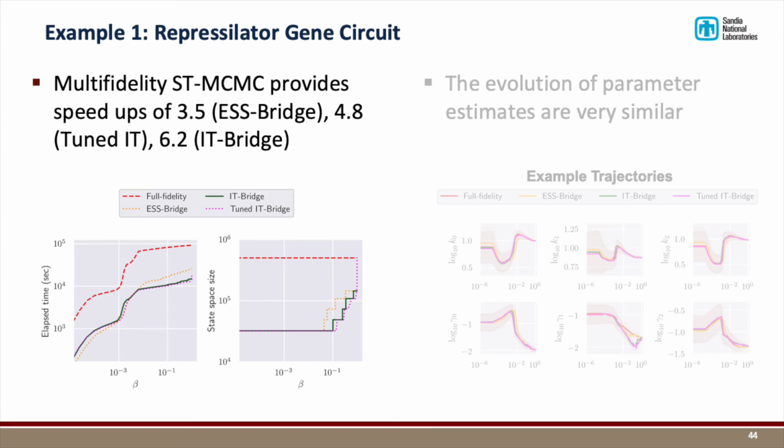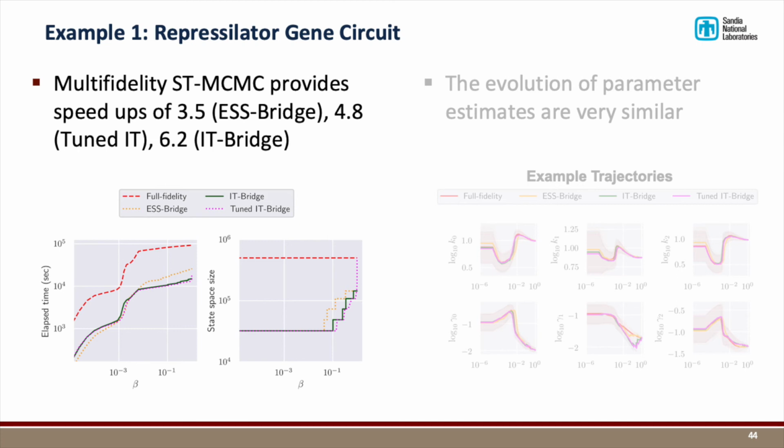From this plot, we can see that when the annealing factor is below approximately 1/10, the lowest fidelity simulation is sufficient for guiding sampling. It is not until we get close to the posterior that the model fidelity needs to be increased. We can see that the information theoretic bridging chooses to bridge after the ESS method because they assess that the lower fidelity model is still useful when trying to fit the full posterior.